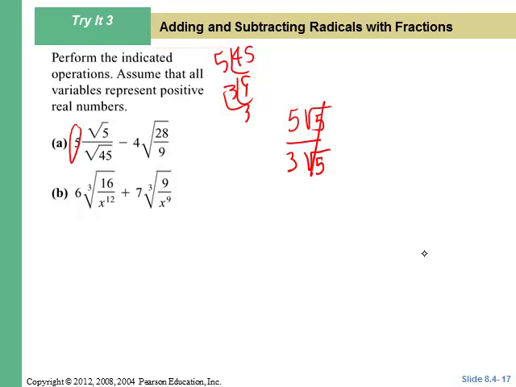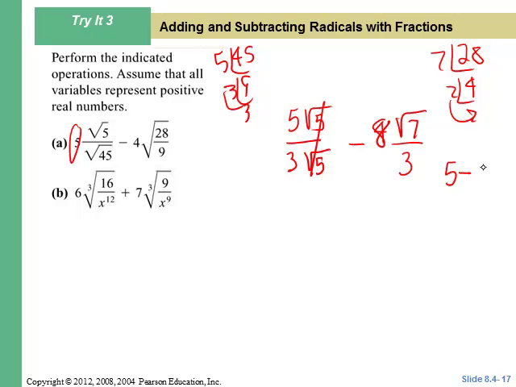These cancel, so you have 5/3 minus root of 9 is 3, and 28 divided by 7 is 4, which is 2 times 2. Root of 2's makes this an 8, root of 7. So we have 5 minus 8 root of 7 all over 3.